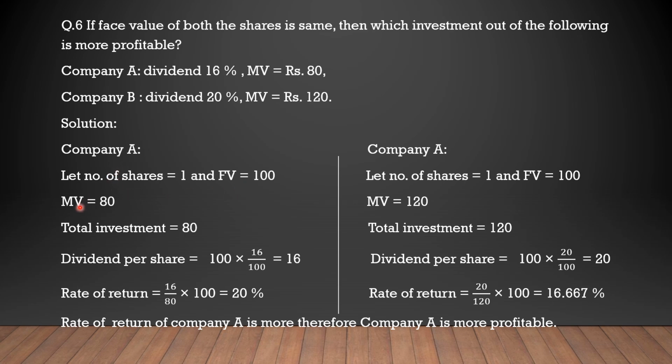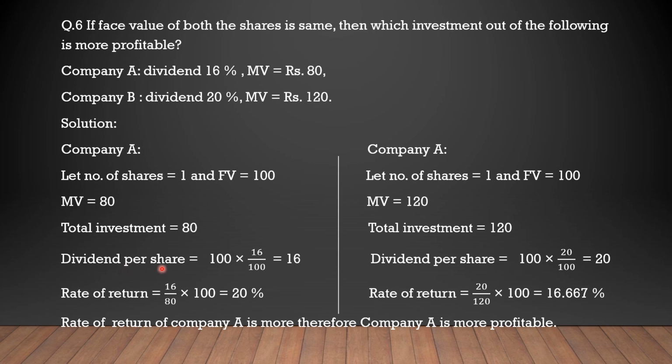In company A, market value is given which is 80 and rate of dividend is 16. So total investment is equal to MV. Number of shares are 1, that's why total investment is 80. Then dividend per share.